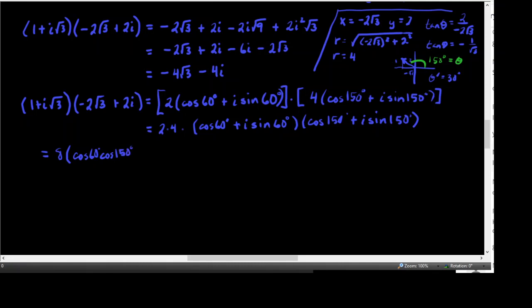And then the outer will be cosine 60 degrees times I sine of 150. So I'm going to call that I cosine of 60 degrees, excuse me, times sine of 150 degrees.